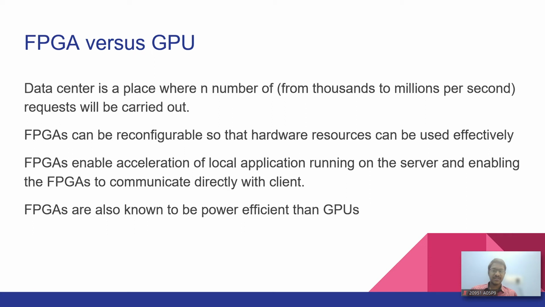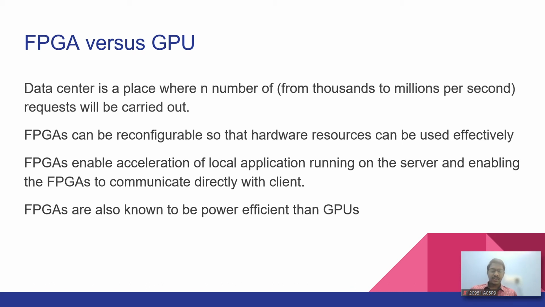So, FPGAs versus GPUs. A data center is a place where thousands to millions of requests per second are carried out. Let's say we are using Facebook, whose servers need to be so quick so that they can transfer information and send data to the clients.